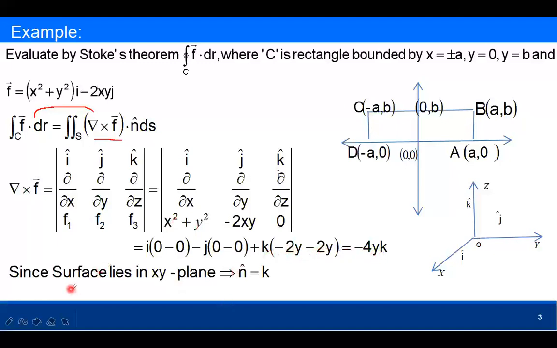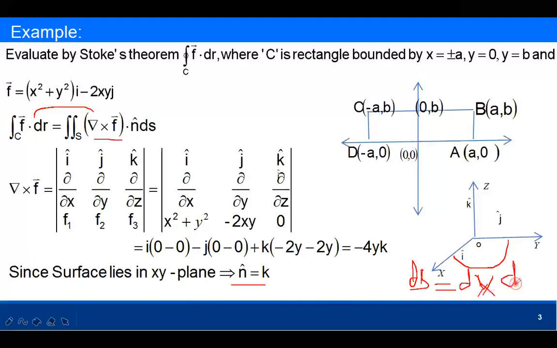Since this surface lies on the xy plane, the unit normal vector perpendicular to the xy plane is k, therefore consider n cap equal to k and ds equal to dx dy along the xy plane.